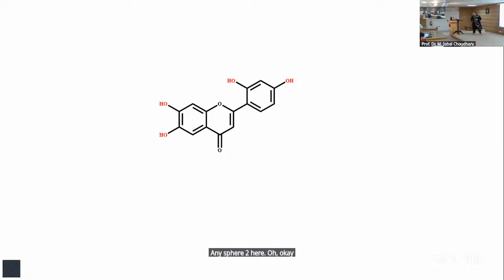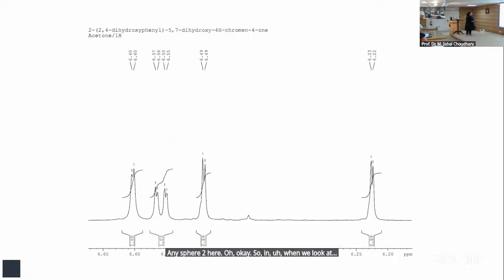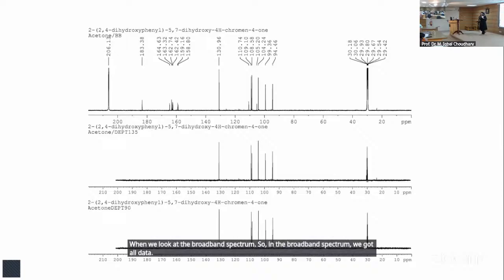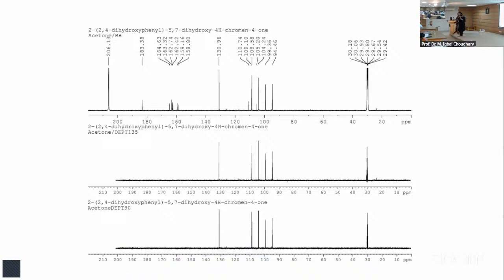So when we look at the broadband spectrum, in the broadband spectrum we got all carbons: C, CH, CH2, CH3, all are there.